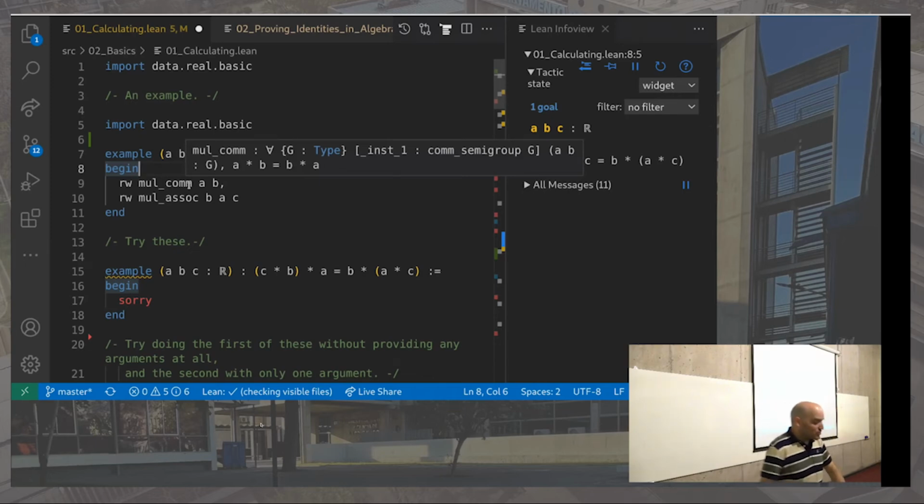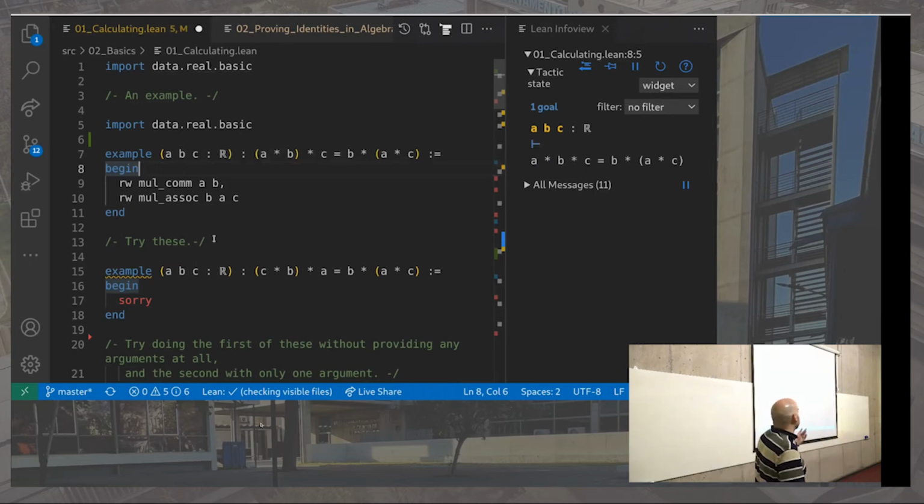So Lean knows that real numbers are a commutative semigroup, whatever this means, it's not very important. In any case, Lean knows that it can apply this theorem to real numbers. The interesting part of having this very general theorem is that maybe you want to apply commutativity of multiplication to natural numbers.